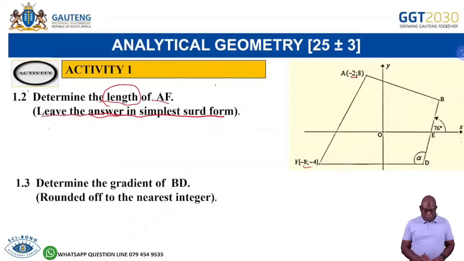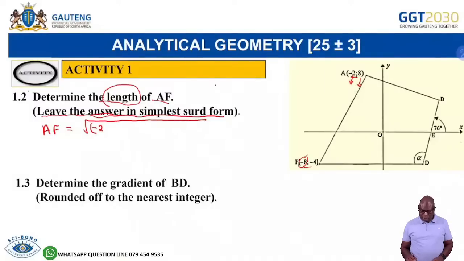Okay, so now I'm going to have AF equals to, remember, must have a square root. If I start with this 2 minus 2, I must also start with that 8. So I'm going to have minus 2. There's a minus 8 here.